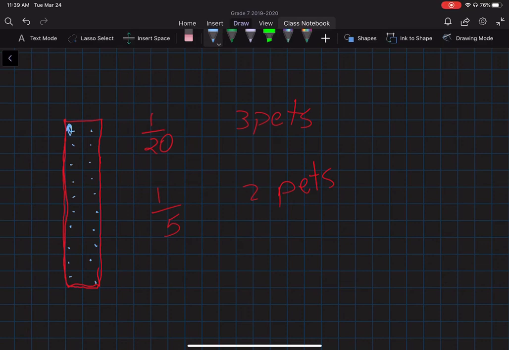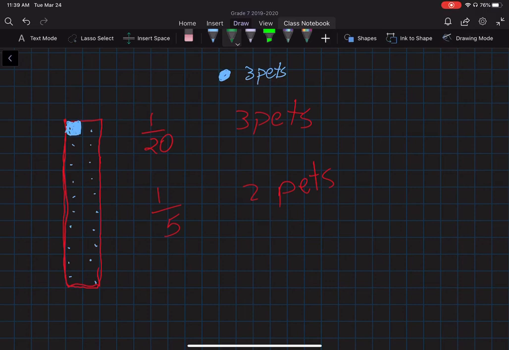So 1 out of those 20 pieces, they actually have 3 pets. So the color code blue is 3 pets, so we're not confused. Then I pick up another color, let's say green, and 1/5 has 2 pets.